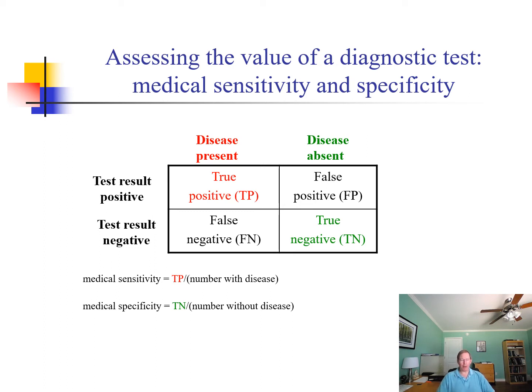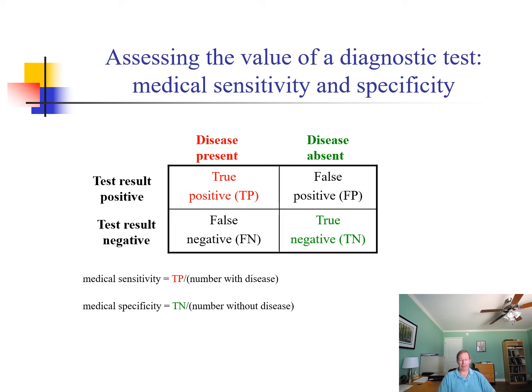So if I think in a very black and white type world, I either have a disease or I don't have a disease. It's either present or it's absent. And I could think about a test result either being positive or negative. Now, this is a bit of a stretch. I might have a disease but not be able to actually know that that disease is present at that moment.